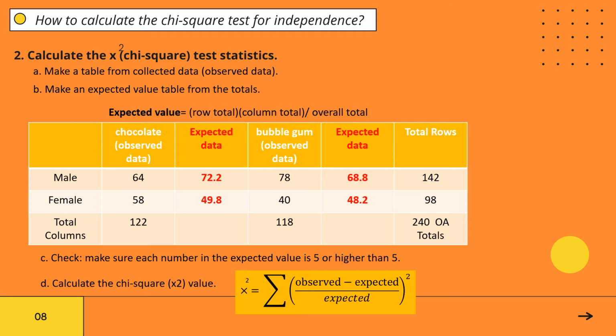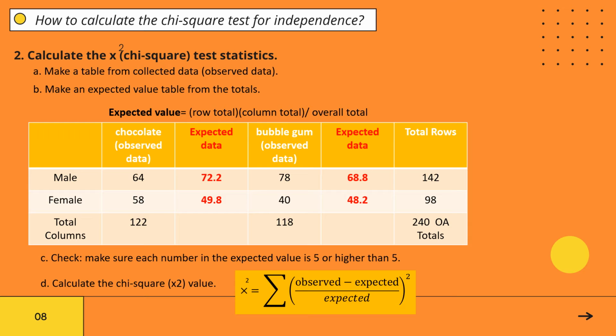Our formula is: the expected value is equal to the row total times the column total divided by the overall total. For example, our total for males is 142, and we multiply it by 122 for chocolate.